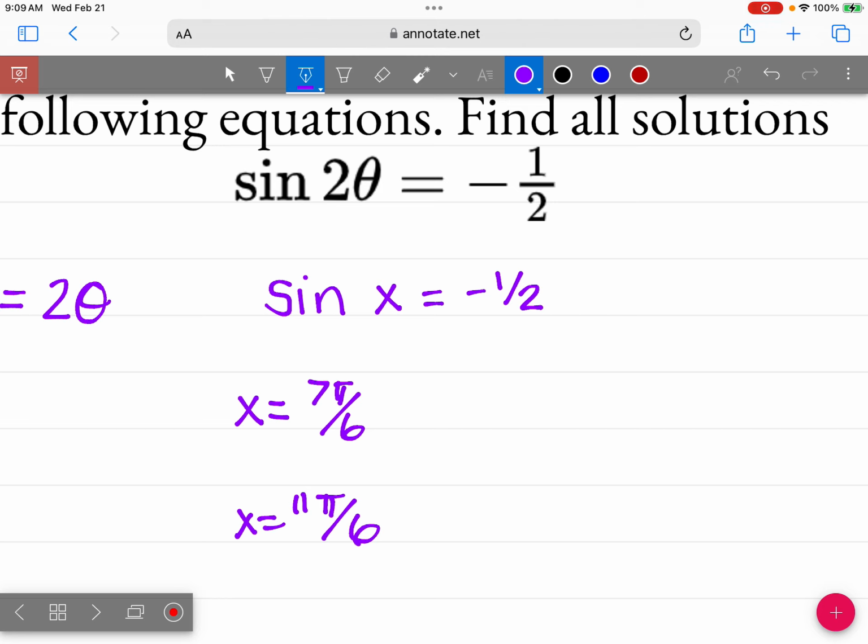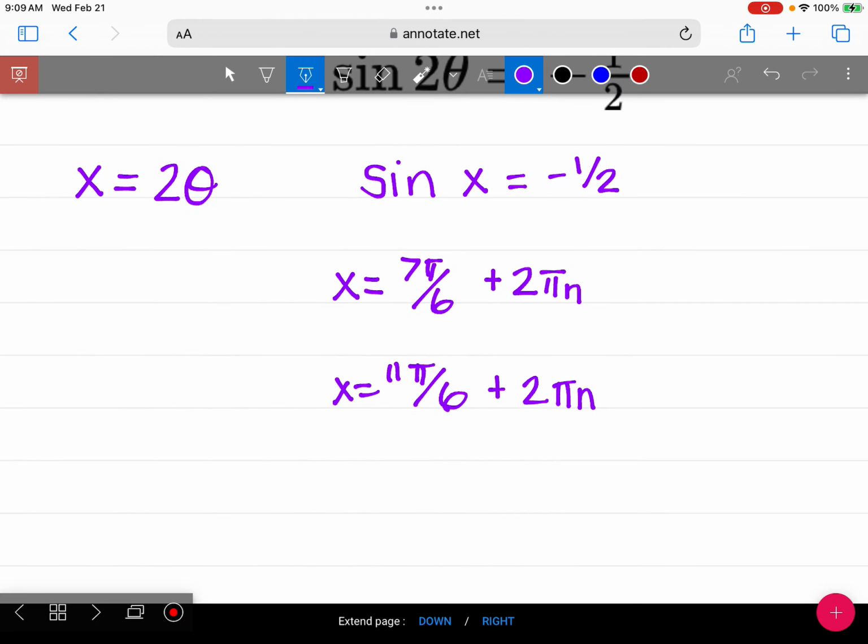So we're going to set these up as their full solutions: 7 pi over 6 plus 2 pi n and 11 pi over 6 plus 2 pi n. And if we were just asked about x, we'd be done. But we were not asked about x, we were asked about theta.